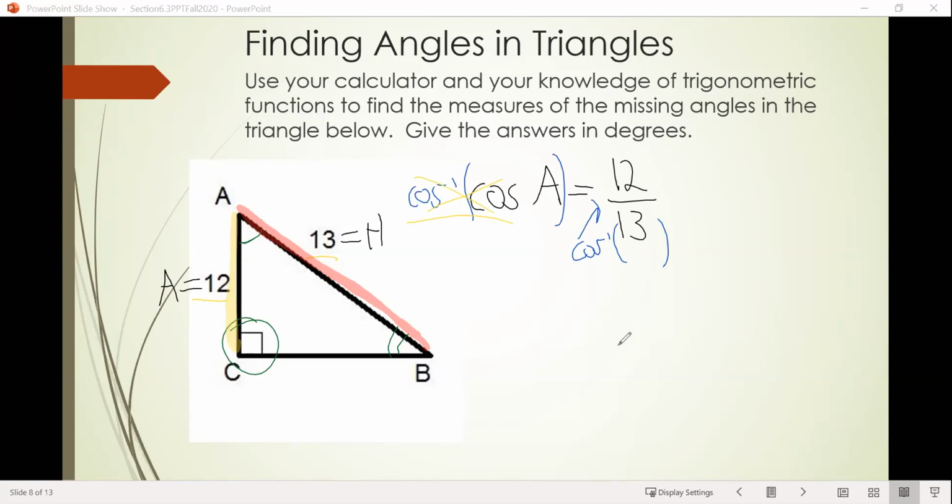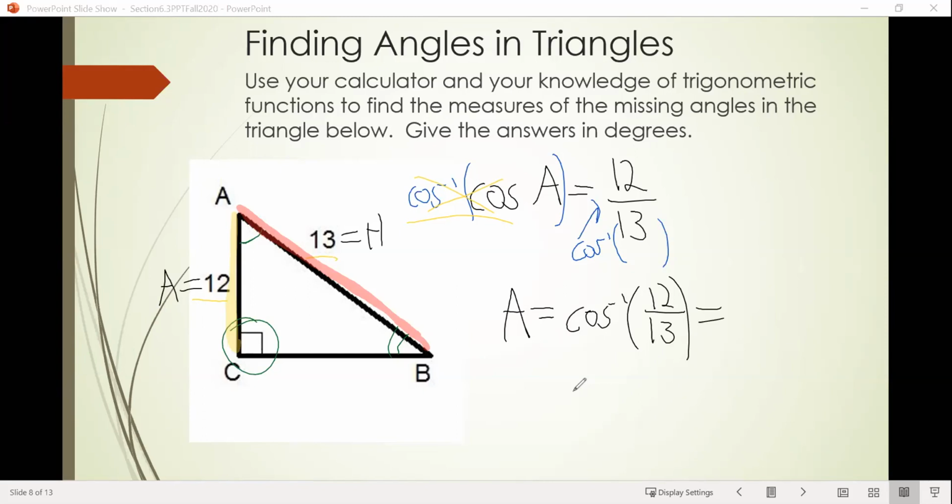So we're left with A equals inverse cosine of 12 over 13. The moral of the story is that we can find the angle A by doing inverse cosine of 12 over 13. I'm going to do that in my calculator in degrees mode.